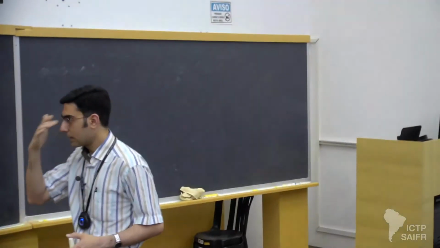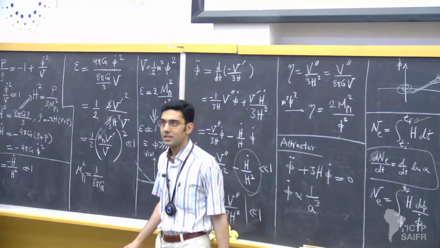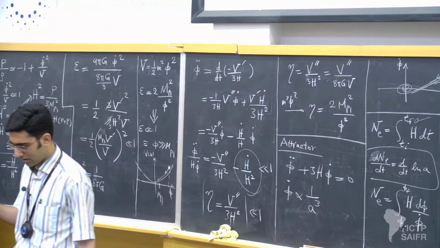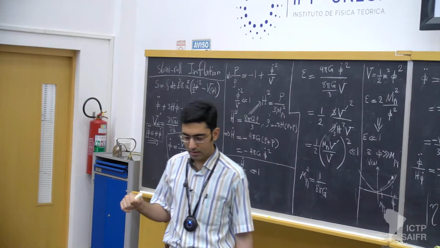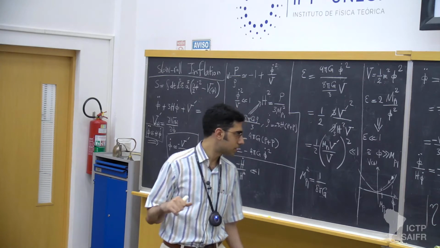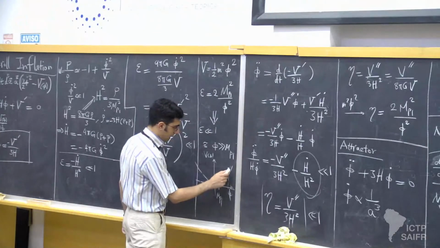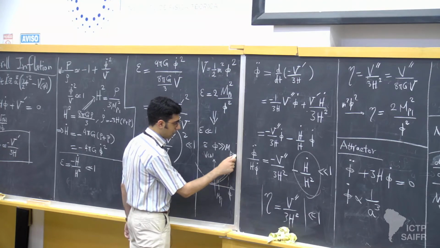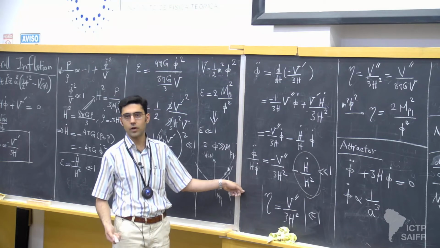Oh, yes, sorry. Yeah, there is a maximum, not from a theoretical perspective, or maybe not even theoretical. Of course, you could imagine that inflation started at a bigger value of phi.